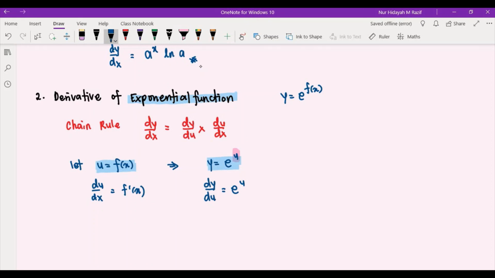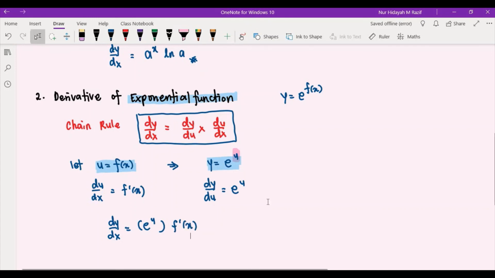So now I have these two terms, and going back to the formula for my chain rule, I now know that I can find dy dx, where dy dx will be equal to dy by du, which is e to the power of u, multiplied by du dx, which is f prime of x.